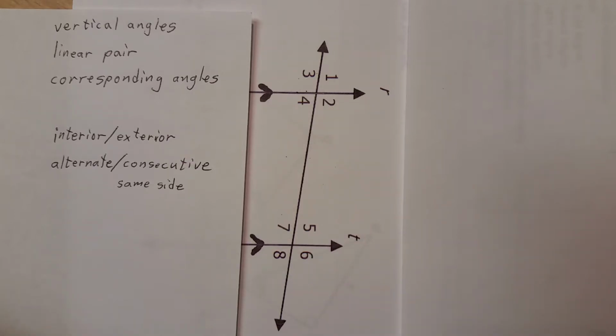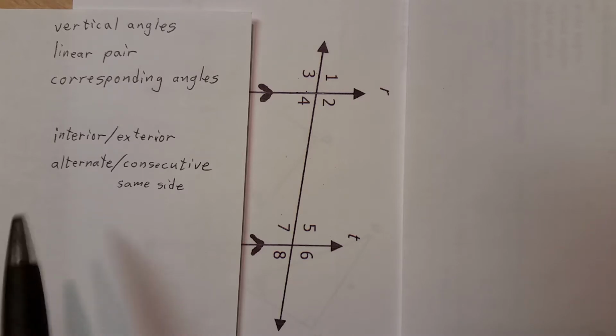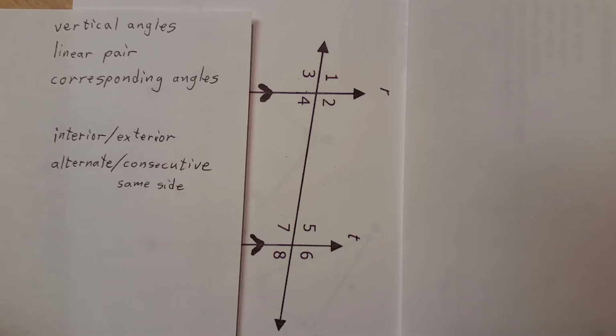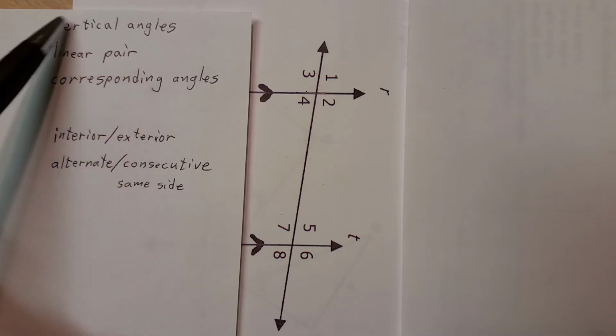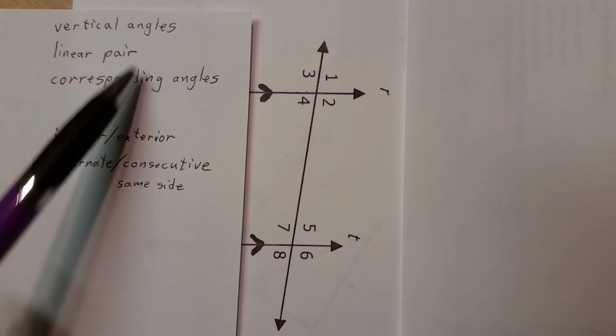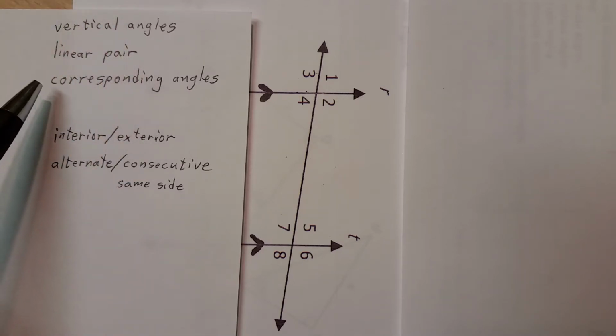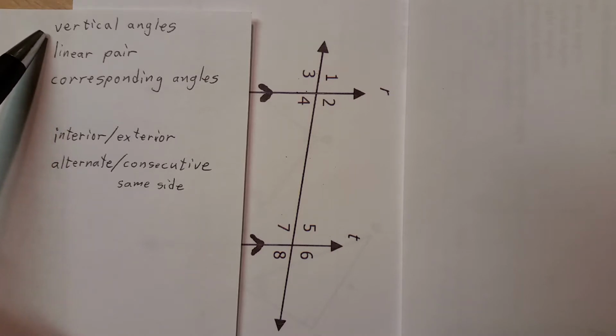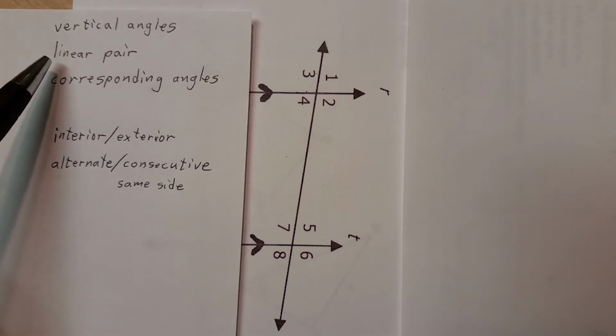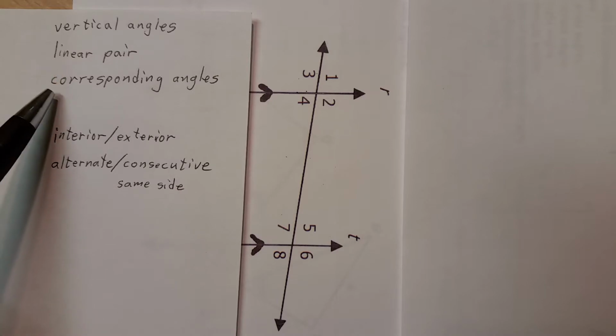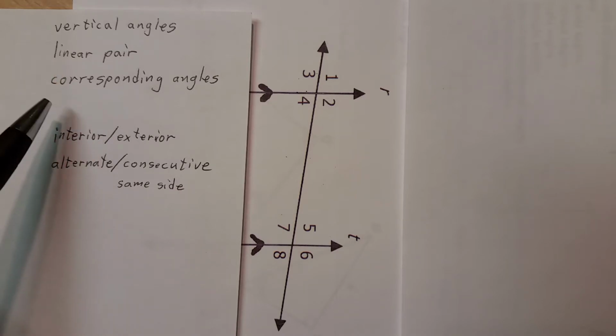It doesn't have a special name. Other than that, they have all got interior, exterior, alternate, and consecutive, and the three that are all the foundational relationships: vertical angles, they're congruent. A linear pair are supplementary, and corresponding angles are the same, so they're congruent.